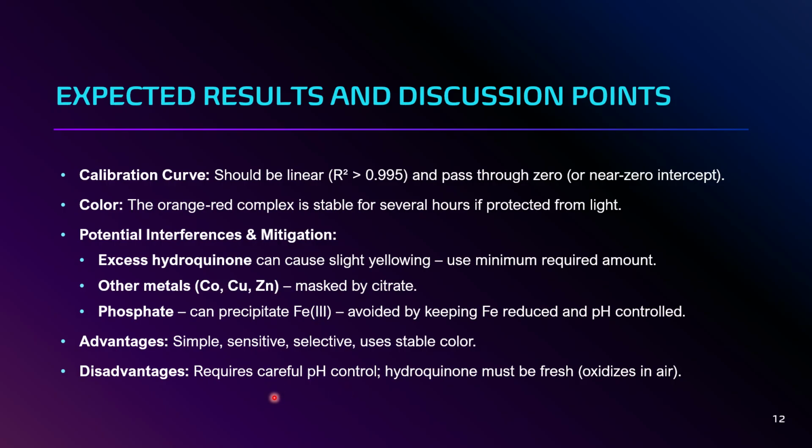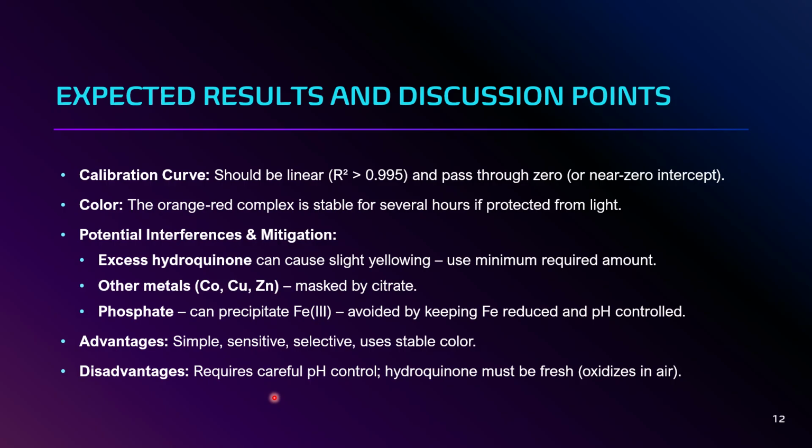The advantages of this method are that it is simple, because it requires only a spectrophotometer and does not need any HPLC or any sophisticated instrumentation. It is sensitive, which means any smaller change in concentration will produce a significant change in the spectroscopic signal.